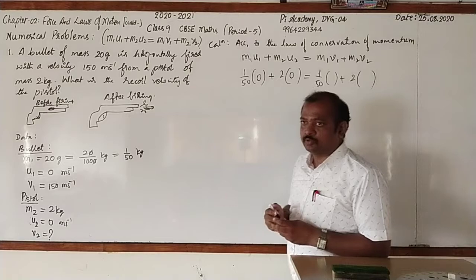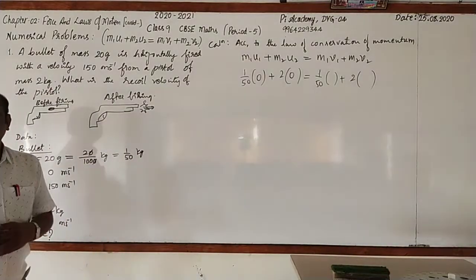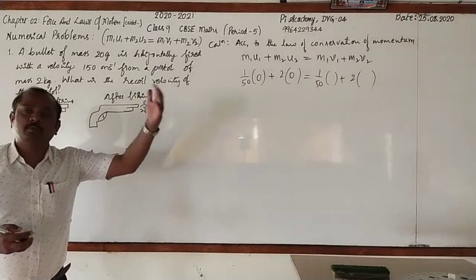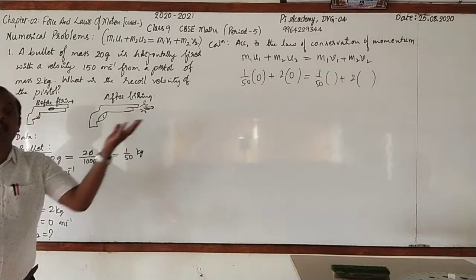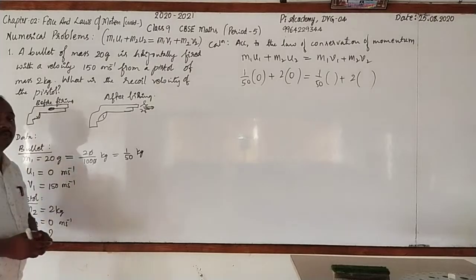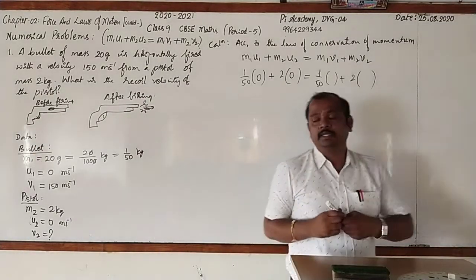V1 and V2. After firing, they move with different velocities. The bullet will move forward with some velocity, and the gun recoils. That means it comes backward with some velocity. V1 is 150 meter per second. It is the final velocity of the bullet, but the final velocity of the pistol is unknown.